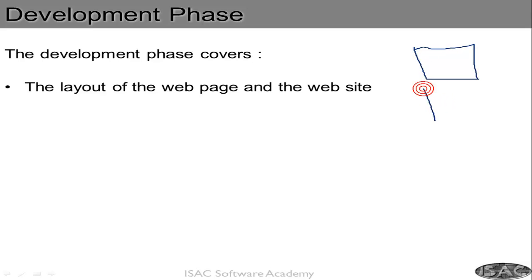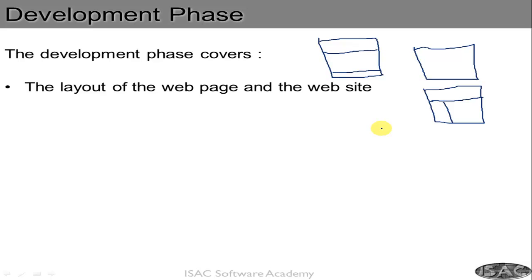I can have another website which will look like this, with a structure like this and this. This is another layout of your HTML page. I can have another layout of an HTML page which will look something like this. So it depends on you what kind of layout you want to create for the web page and the website in general.